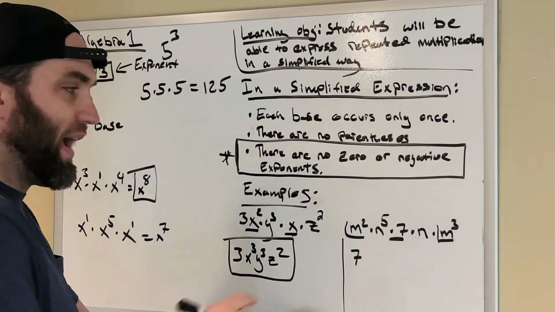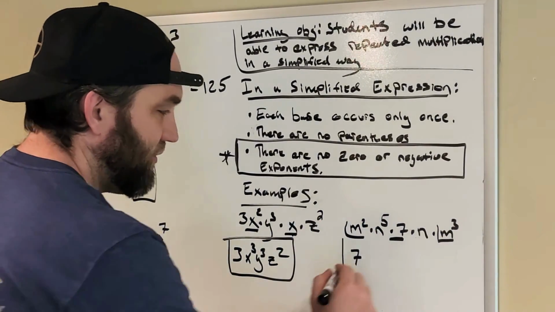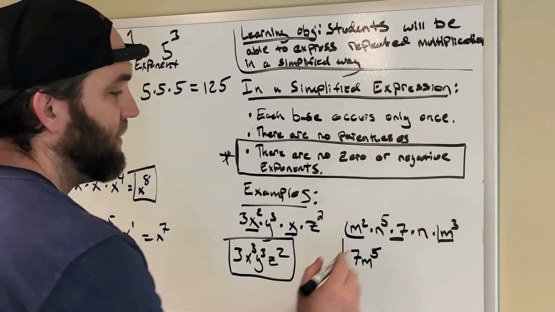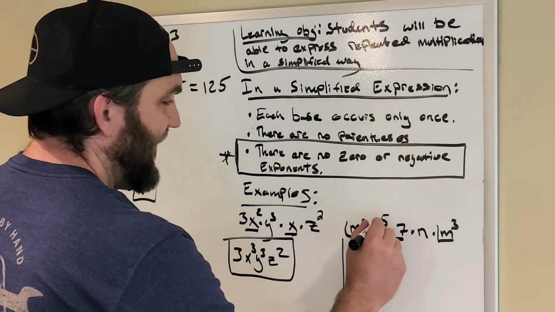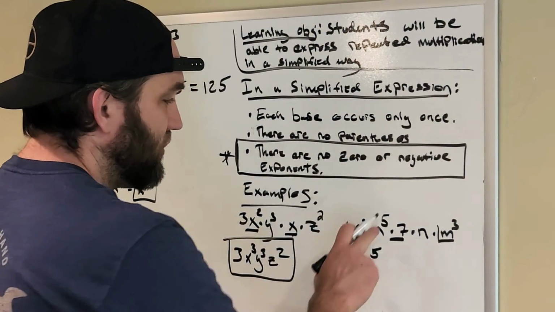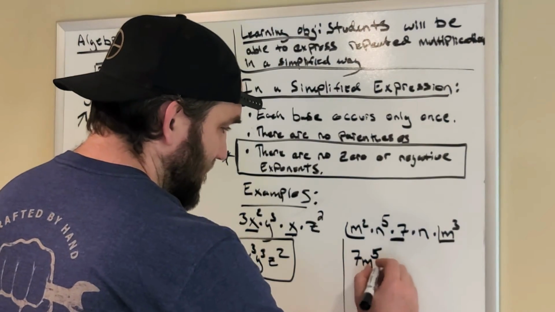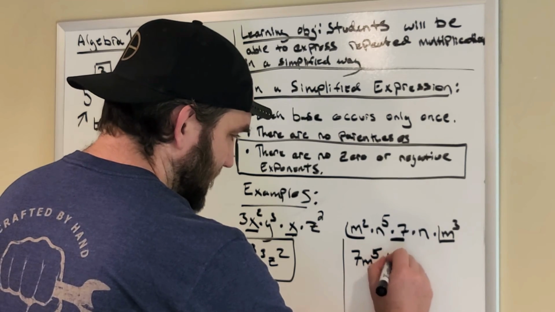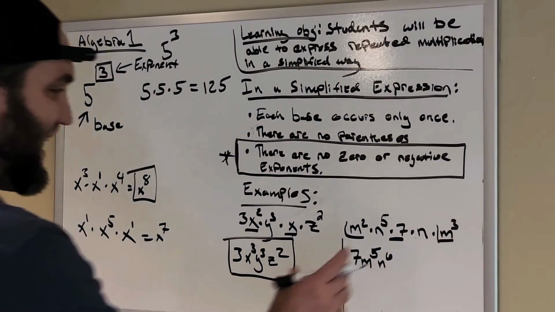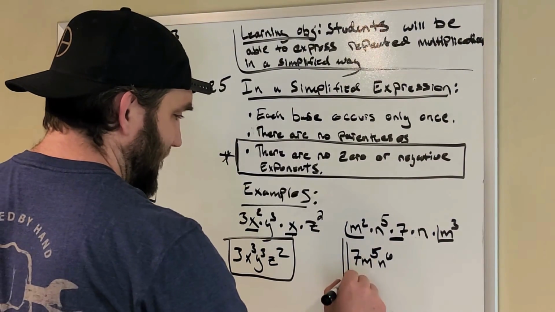So I add those together, a 3 and a 2, I have 5. M to the fifth. And then my n's. I have an n to the fifth and an n, which is just to the first. So 5 plus 1 is 6. So we go n to the 6. All right? And that's the simplified form right here.